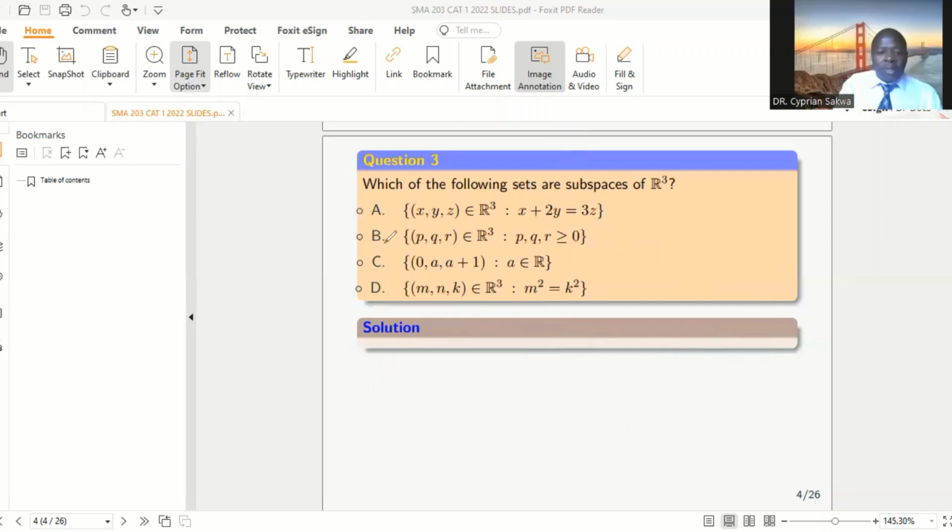Now, what about B? Is it a vector subspace or not? If it's not, you just give one example to show that one of the 3 conditions that I gave is not satisfied. I gave the condition that the 0 vector must be in B, that it must be closed under addition, and that the scalar multiplication must also be closed.